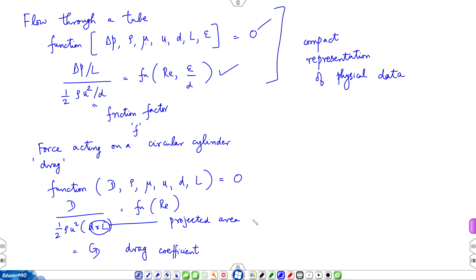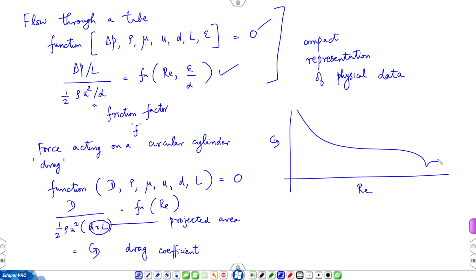So, as an application of the drag coefficient formula, you remember it has this peculiar shape. Why this shape cannot be answered in the context of global analysis, which is why we will be pursuing local, that means a detailed approach to flow distribution.